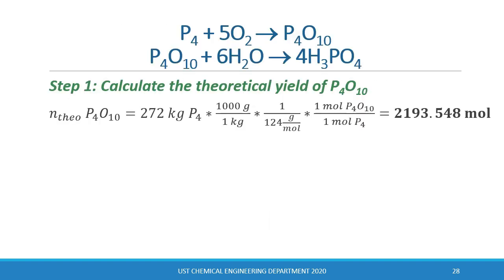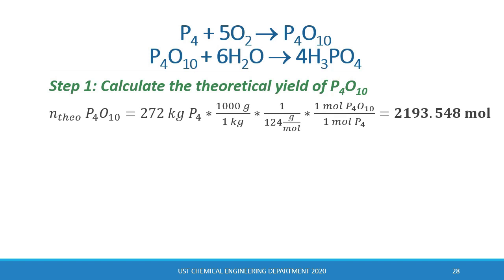Again, the first thing you do is to check if the given reactions are all balanced. A reaction that is not balanced properly results in wrong stoichiometric ratios and thus affects the whole calculation. Next, calculate the theoretical yield of tetraphosphorus decoxide from the first equation. The theoretical yield is the amount of product when 100% of the limiting reactant is converted.